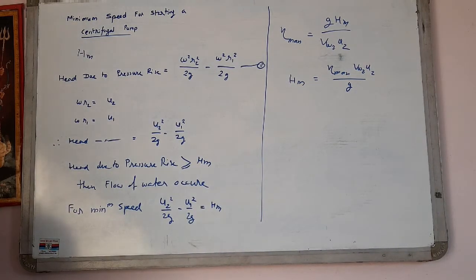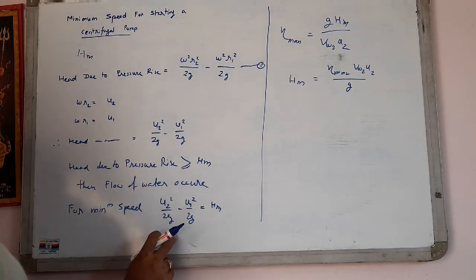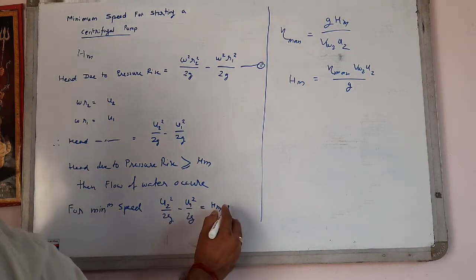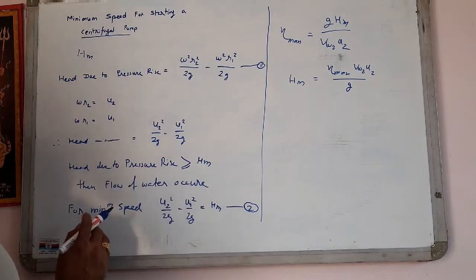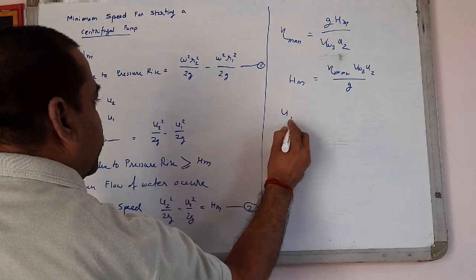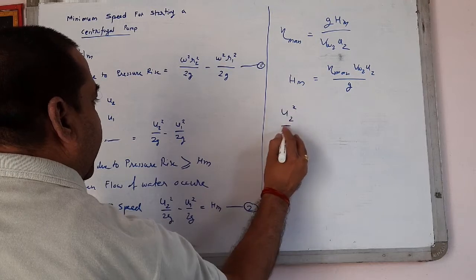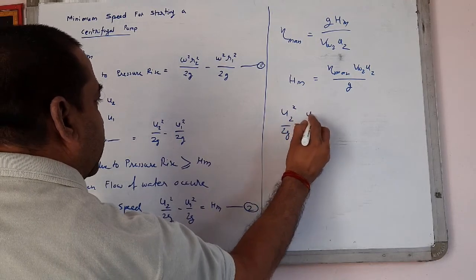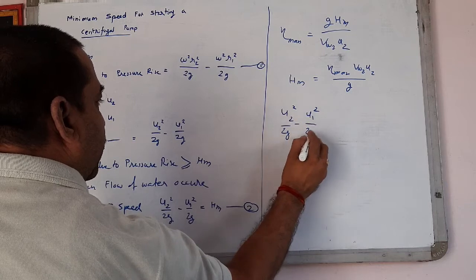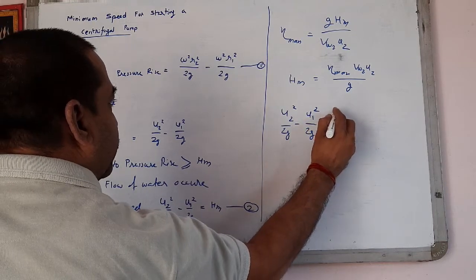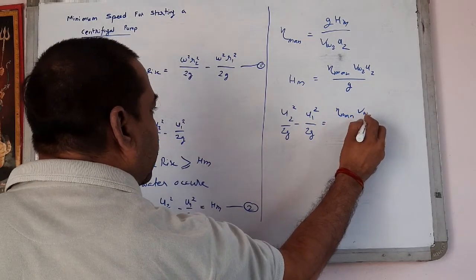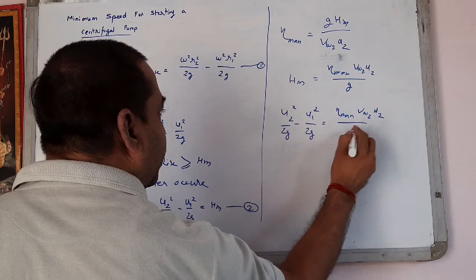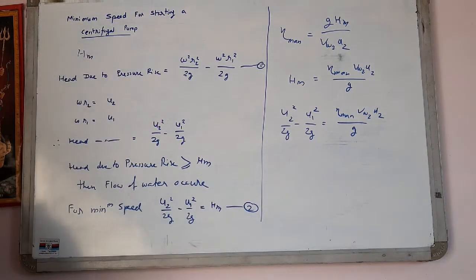Now substituting this value of HM in this equation, this is equation number 2. In the second equation, putting the value of HM, we get U2 square by 2G minus U1 square by 2G equal to eta manometric VW2 U2 by G.